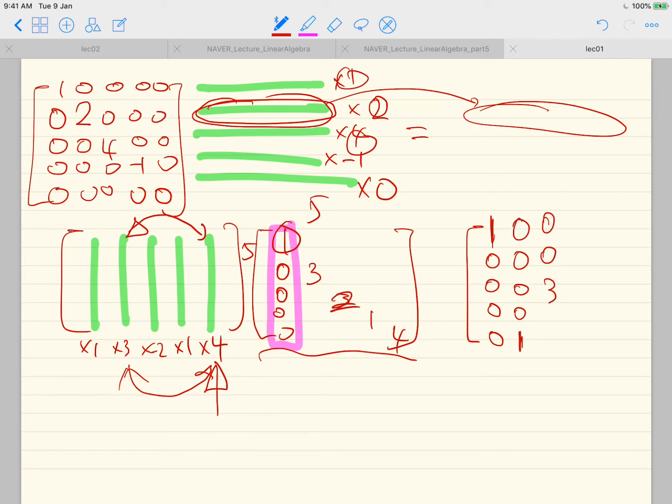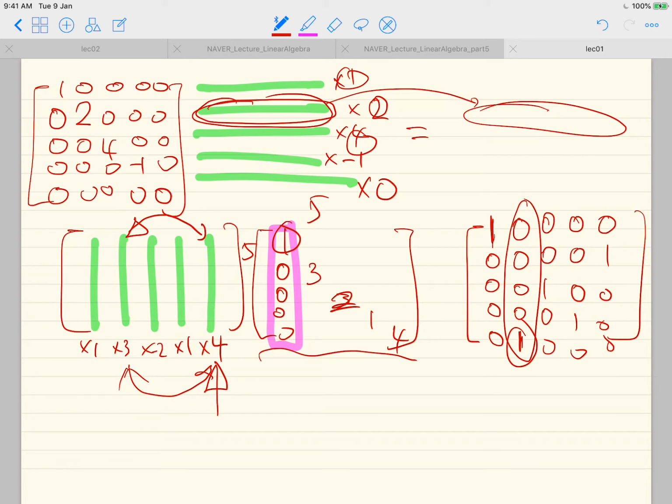And 0, 0, 3, 0, 1, 0, 0. And 0, 0, 0, 1, 0. And 0, 1, 0, 0, 0. So does it make sense, right? In order to produce the second column, we picked up the last column. In order to produce the last column in the resulting matrix, we picked up the second column, right? Any questions so far?